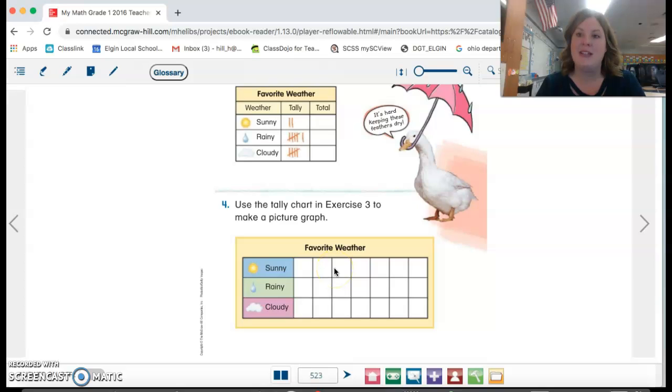So how many people like sunny? You're going to have probably 2 X's, right? And then for rainy, you should have that total right here that tells you how many X's you're going to put in that picture graph. And then cloudy, you're going to count the number right here, and you're going to put the X's of how many people like cloudy. Okay, that's it for that page.